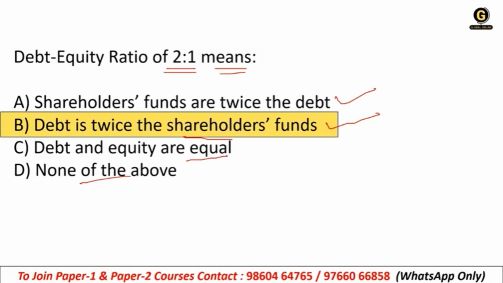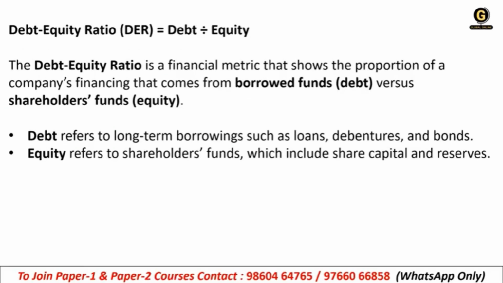If the debt equity ratio is coming 2:1, that means the debt is twice the shareholders fund, right? So how do we calculate it? The formula for debt equity ratio is debt divided by equity. Correct? The debt equity ratio is a financial metric that shows the proportion of the company's financing that comes from borrowed funds, that is debt, versus shareholders fund.